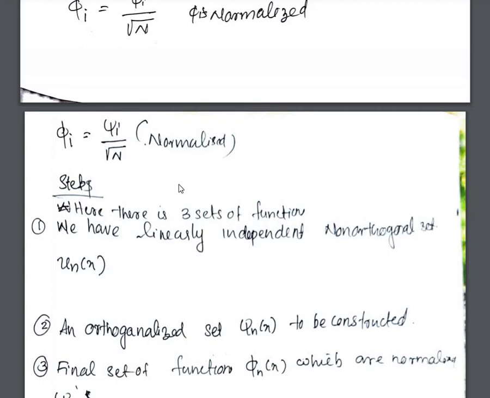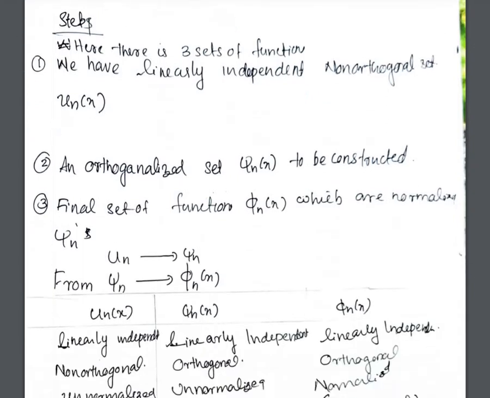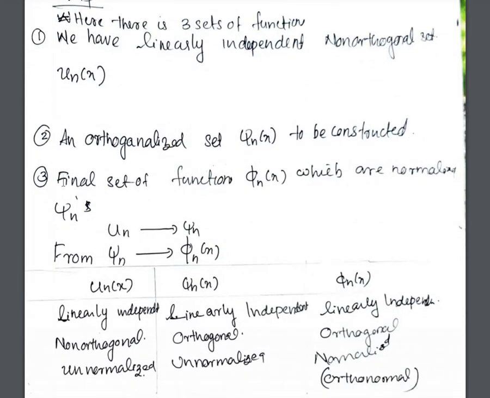So normalized set. Here, in the process we have 3 steps. First one is we have a linearly independent non-orthogonal un of x. From that we construct an orthogonal set of psi n of x. Then from psi n of x we finally get the function phi n of x, which is orthonormal.